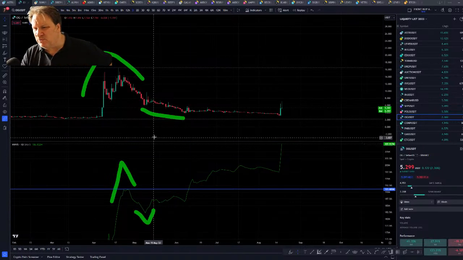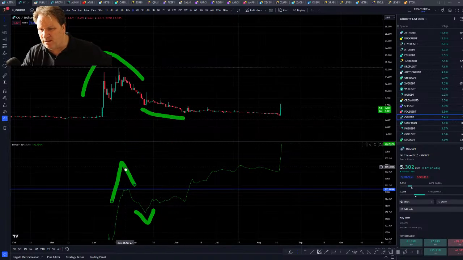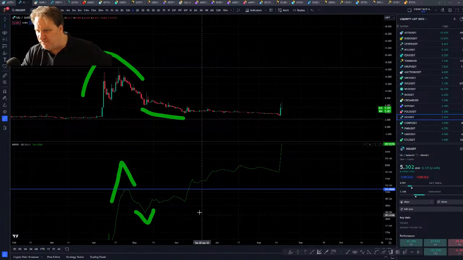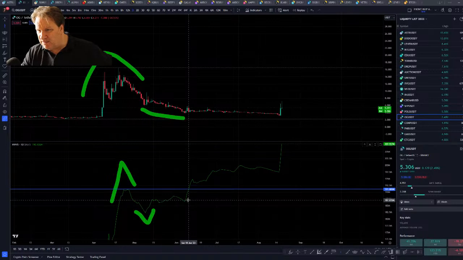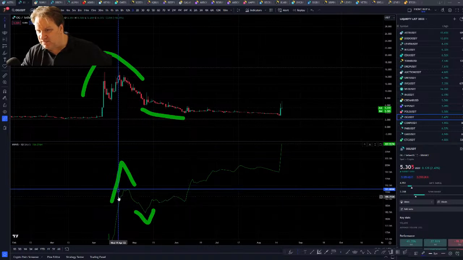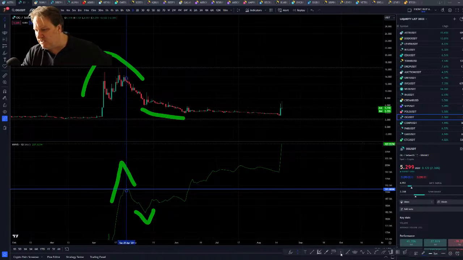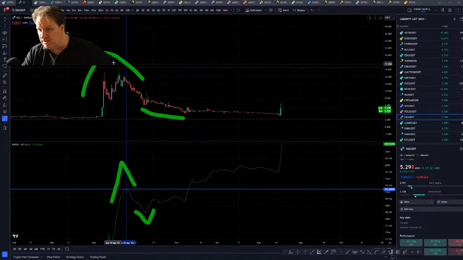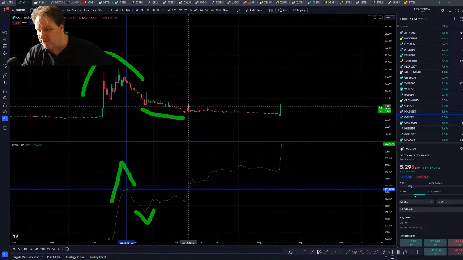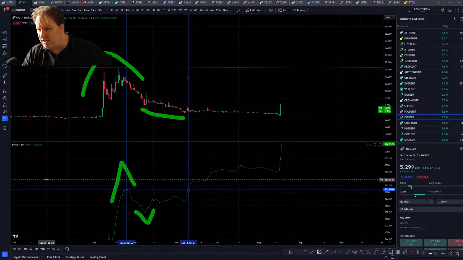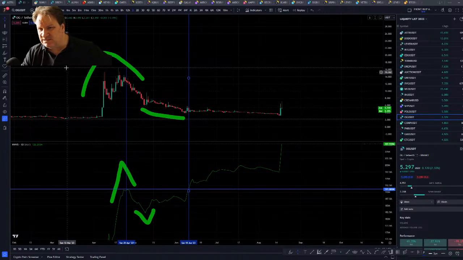But let me show you how to work out when it was going to pop. If I put a vertical line through 2 points, the previous peak here, and I'm using the previous peak on Newton's wave rather than the price because it's more accurate, that bit there was where it started to turn.